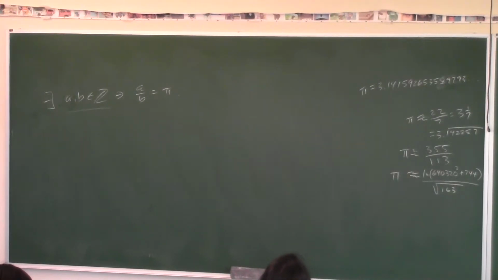Natural log of 640,320 raised to the third power plus 744, divided by, how do we write square root? 163 raised to the half power, 0.5. Bam!